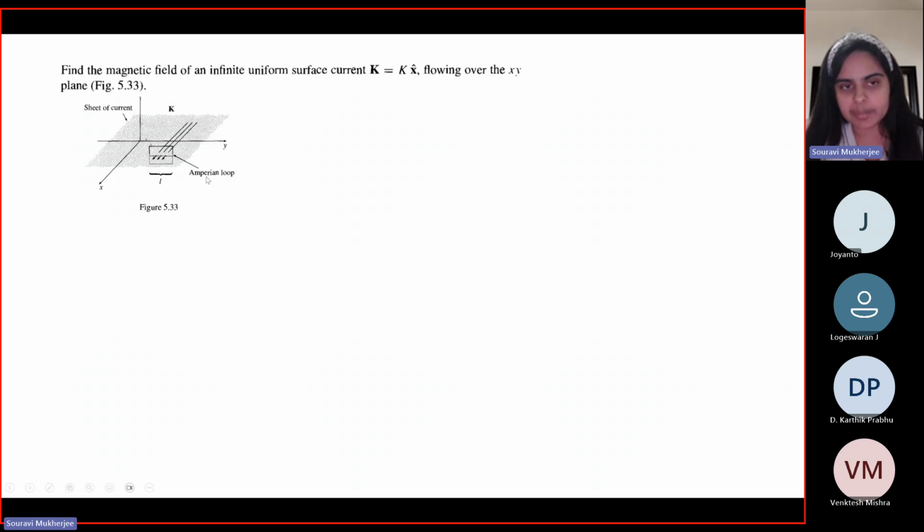So as you can see, there is an Amperian loop, right? So we have considered an Amperian loop. Now, how should Ampere's law be applied to this? Can you tell me what you get once you do B dot dl?